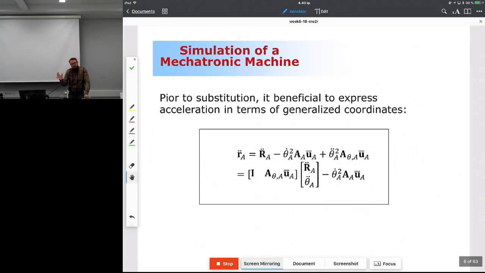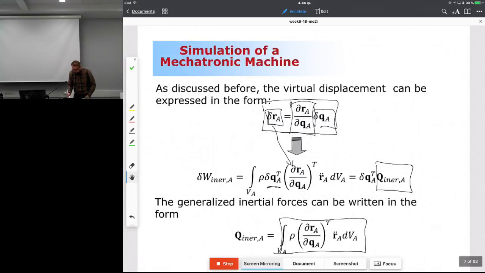Now, before we actually substitute the acceleration into this part of the equation, let's rewrite the expression of acceleration.